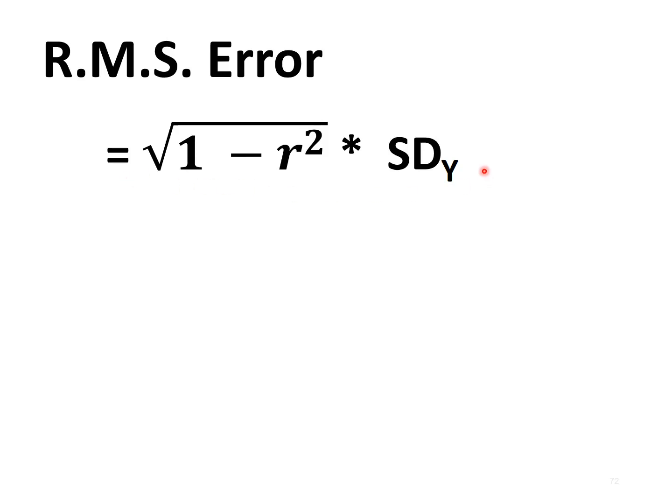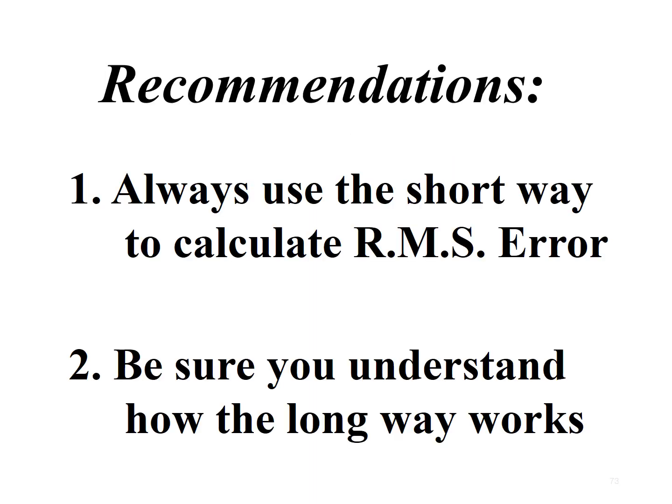The formula for RMS error is equal to the square root of 1 minus R squared times SD of Y. Now, for class, any quizzes and exams, you should be using the short way. However, it's important that you understand the concepts of the long way. So use the short way to calculate RMS error, but still understand how RMS error works.